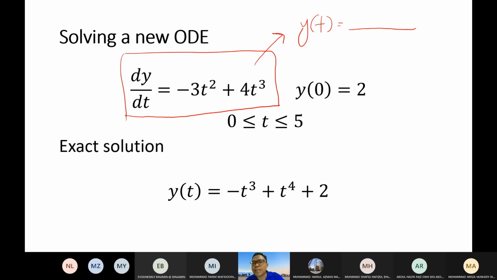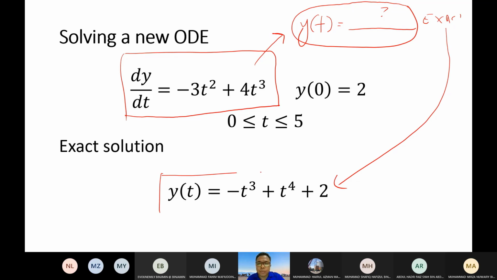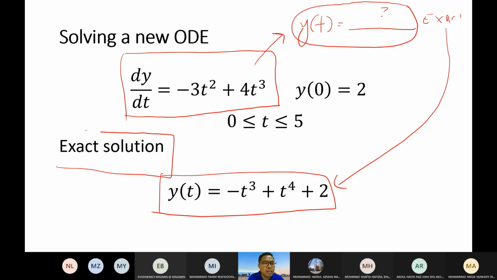And what is the function here? So how to get this? You have to use your mathematics to get your exact solution, which is given by this equation below. So this is the solution from the exact solution, which is found from your mathematical knowledge.